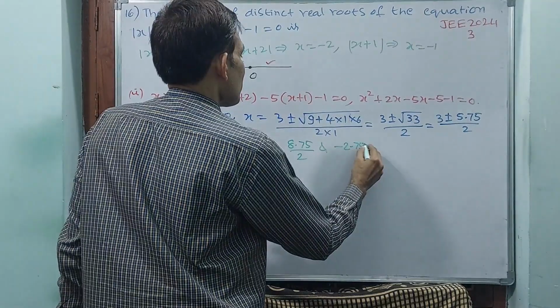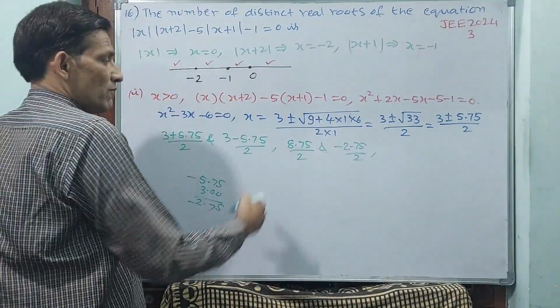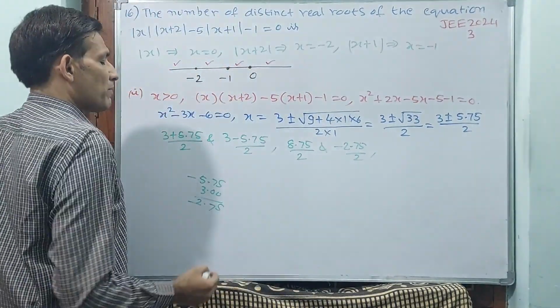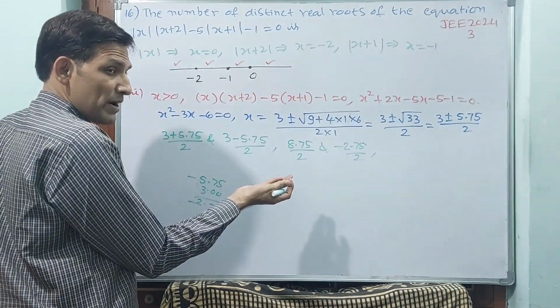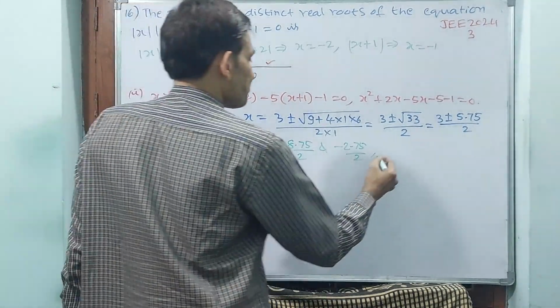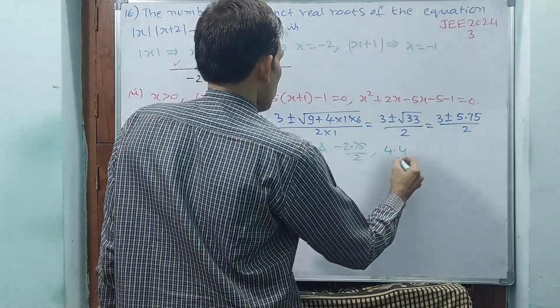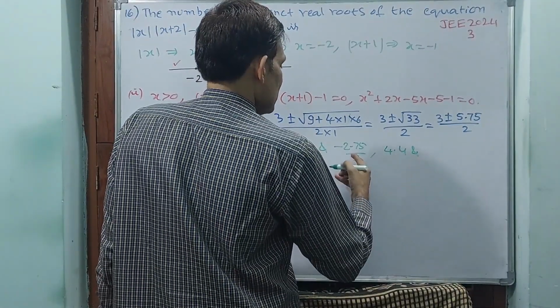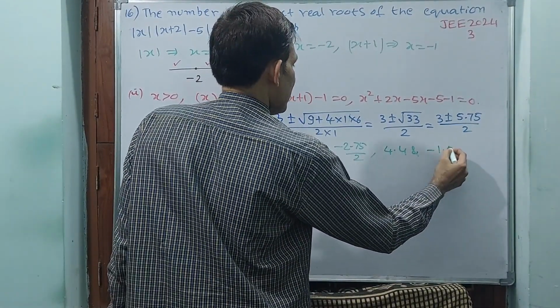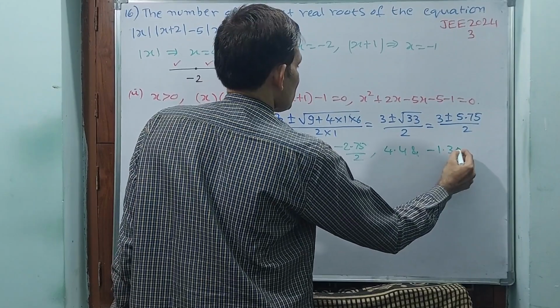Minus 2.75 by 2, comma. 8.75 by 2 means 4.4, and minus 1.36, shall I take? 1.38.